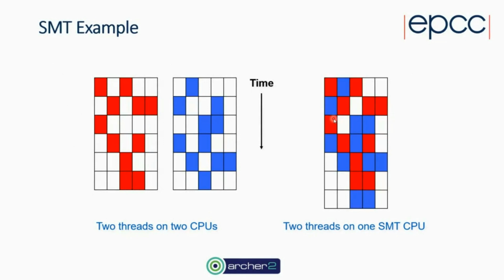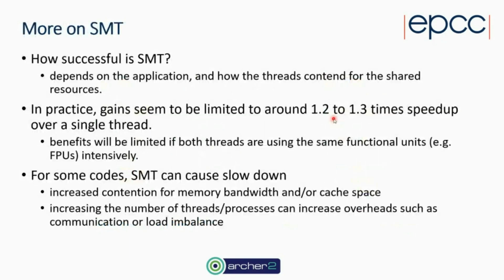So here you can see you've got nearly 50% overlap, you can nearly halve the runtime of the two combined programs. But for computational simulation applications, generally you might only see a 10, 20, 30% performance improvement from symmetric multi-threading or hyper-threading.